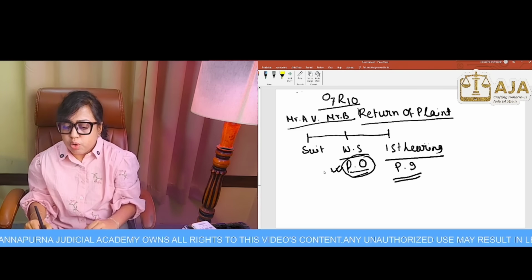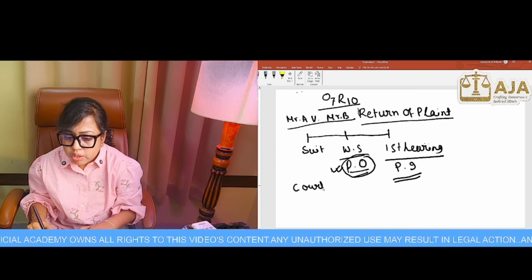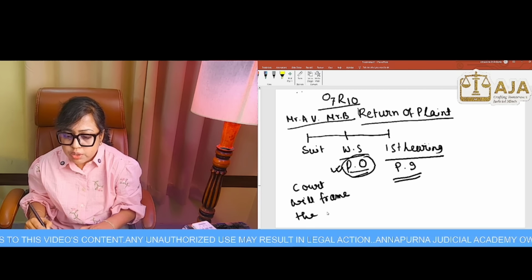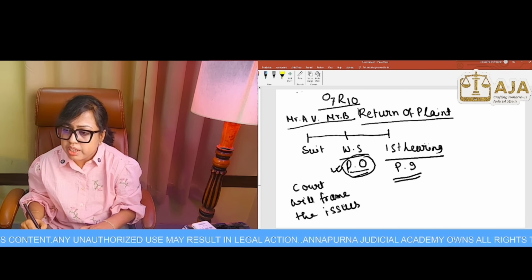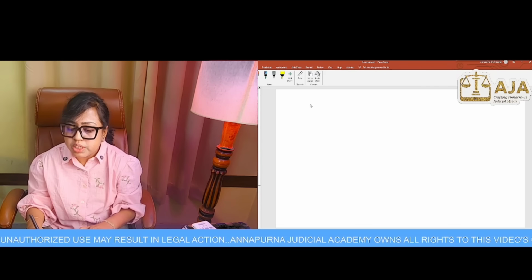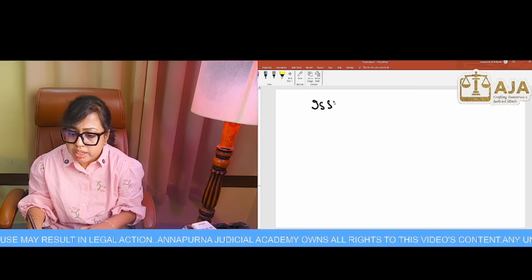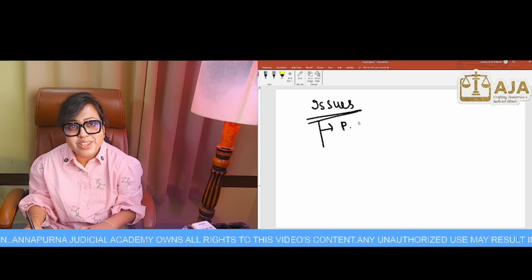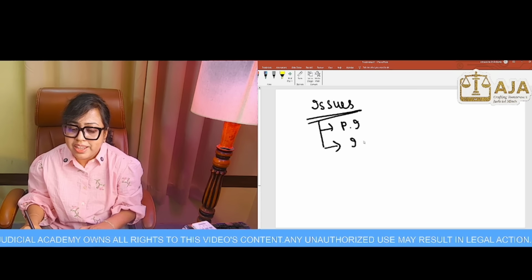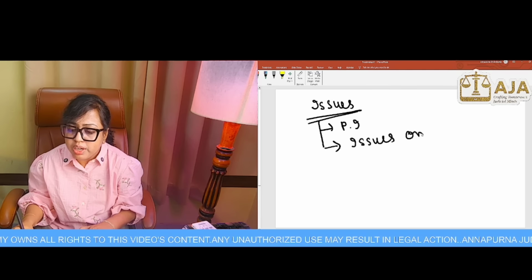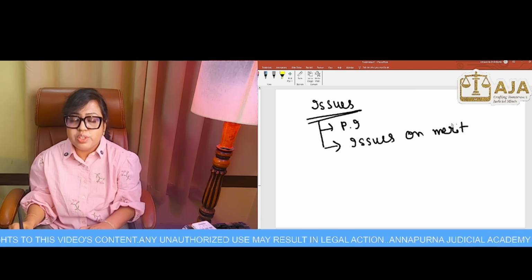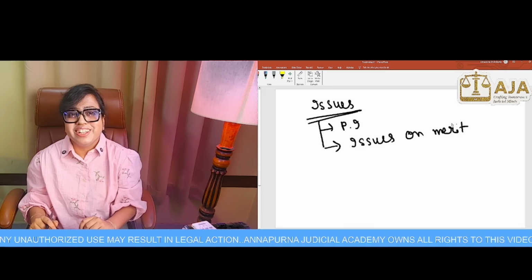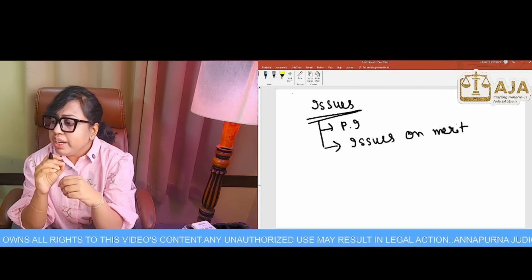Issues are of two types. It can be a preliminary issue or it can be issues on merit.